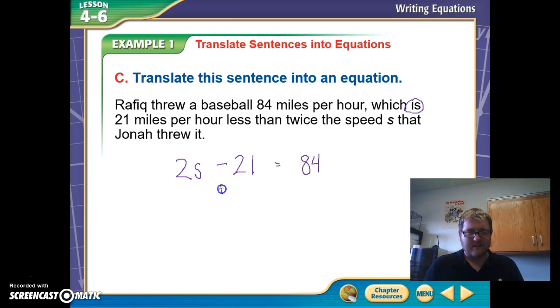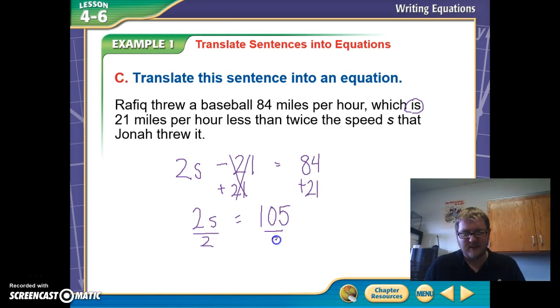So let's add 21 to both sides to get the s term by itself. And now we have 2s equals 84 plus 21, which is 105. Now let's divide both sides by 2.